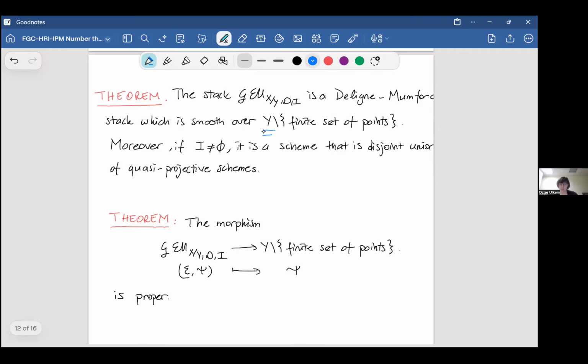I don't know if, without this condition, I consider the stack and get this stack, just G d I, which is a stack over x minus, let's get rid of the bad points, whether this is smooth or not.